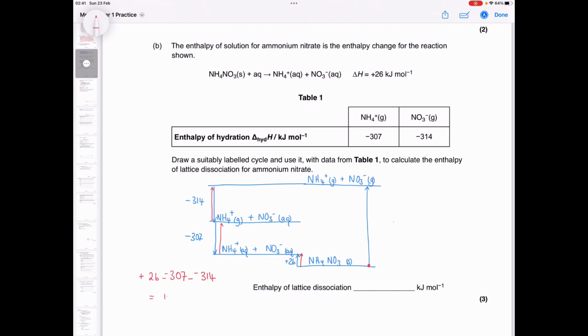So plus 26 plus 307 plus 314, and the answer to that is plus 647. So the enthalpy of lattice dissociation must equal 647 kilojoules per mole.